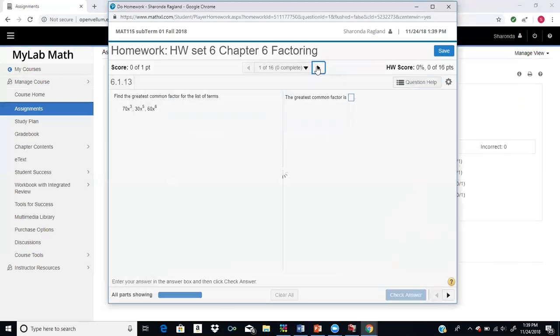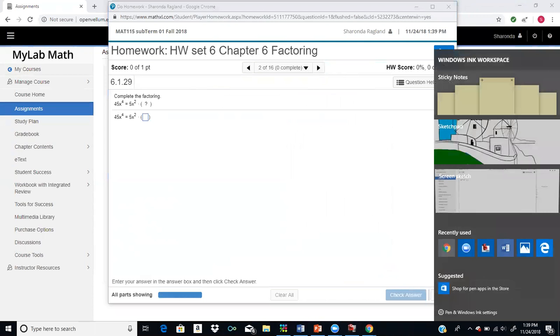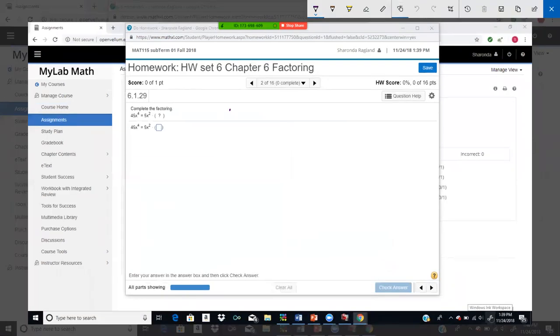All right, so let's move on. Now they're still getting you set up, dealing with the greatest common factor, that kind of thing. When you were dealing with division of polynomials, if we have 45x to the fourth is equal to 5x squared times some term, basically what we're doing here is looking at 45x to the fourth divided by 5x squared, because we can bring in our equation solving skills.